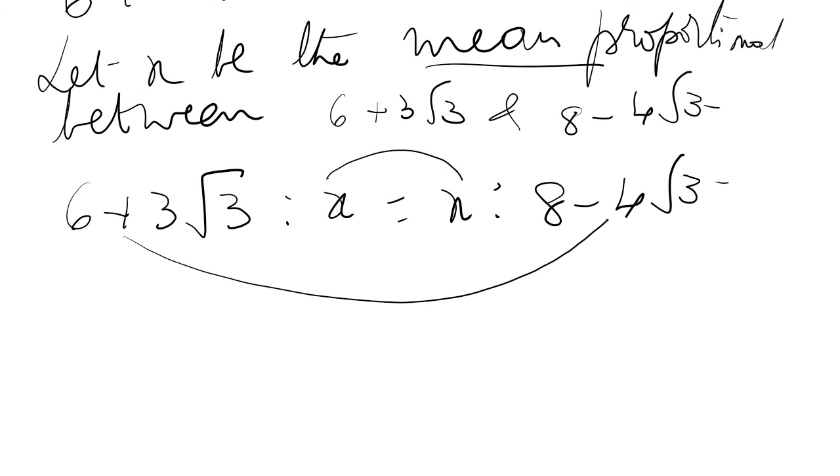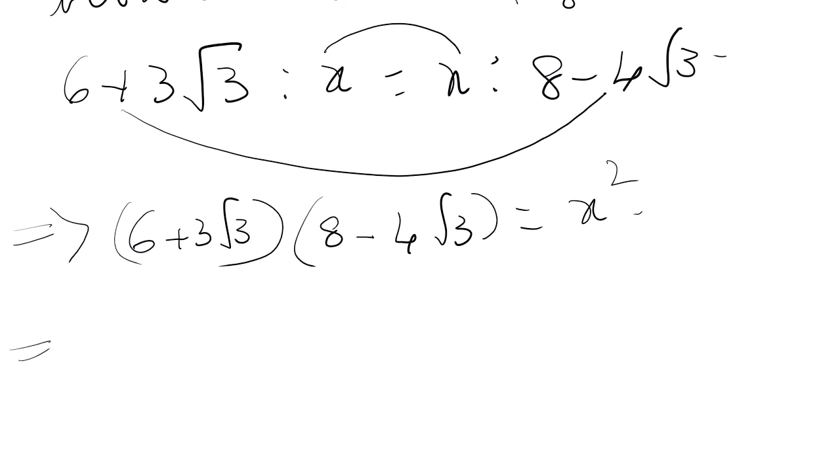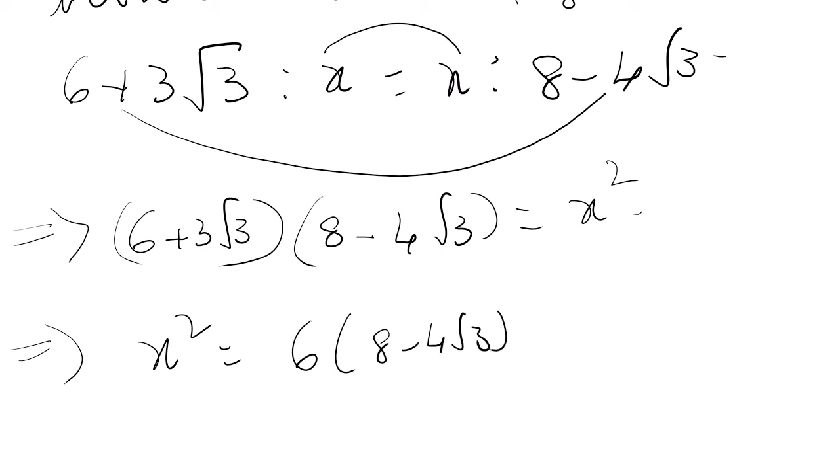So according to that, this implies 6 plus 3 root 3 multiplied by 8 minus 4 root 3 is equal to x square, right? So this implies x square is equal to, let us remove the bracket, 6 into 8 minus 4 root 3 plus 3 root 3 into 8 minus 4 root 3.